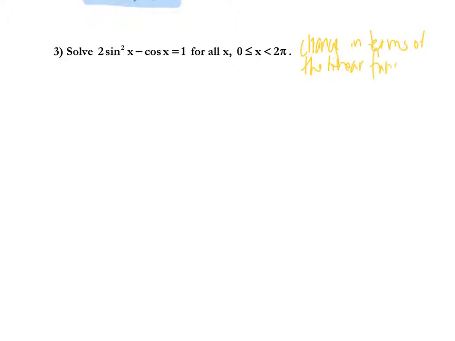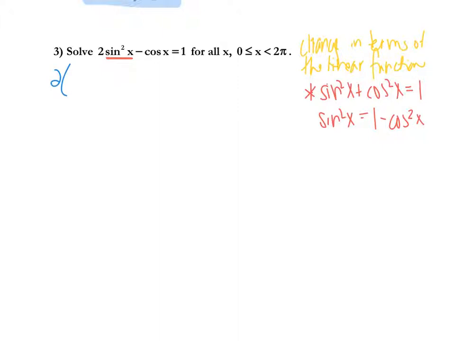In this example, the linear function is cosine. So can we change sine squared to be something in terms of cosine squared? Well, for sure. If we have our trig identity here, we can isolate sine squared and make that equal to 1 minus cosine squared.